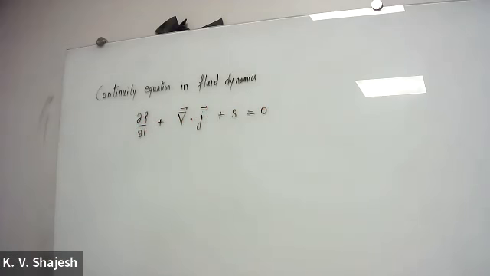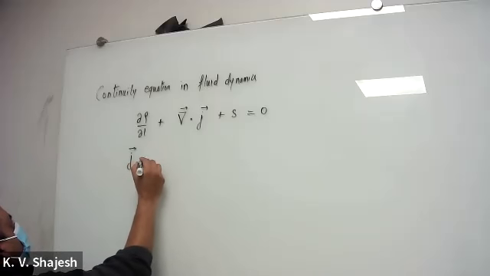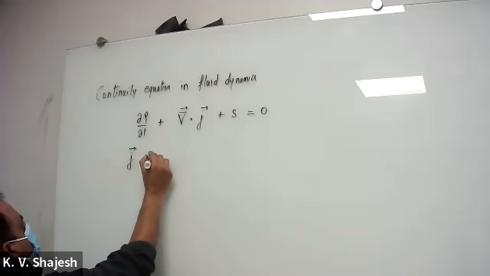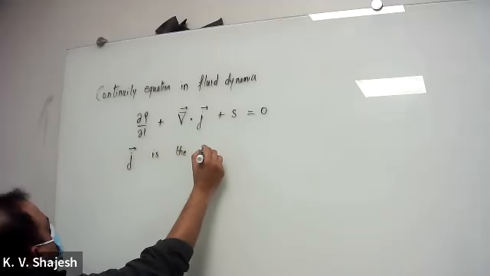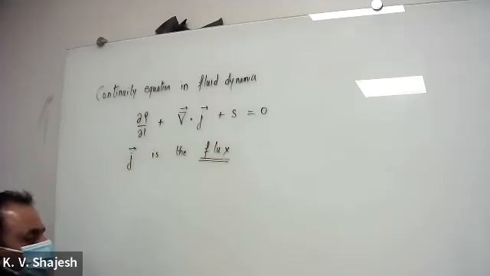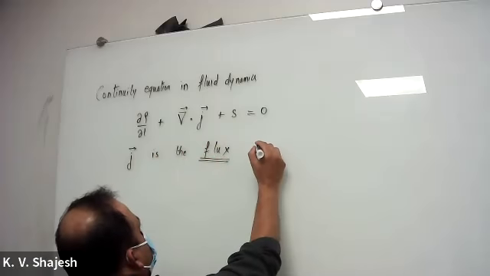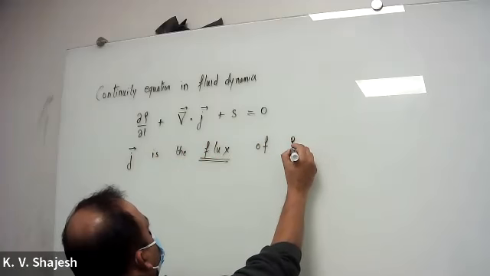We of course defined those quantities a few minutes ago, but importantly, J is called the flux. Notice the language. J is the flux of rho.